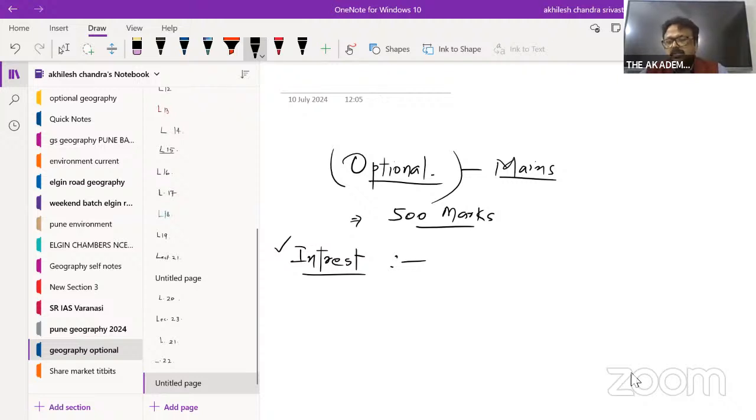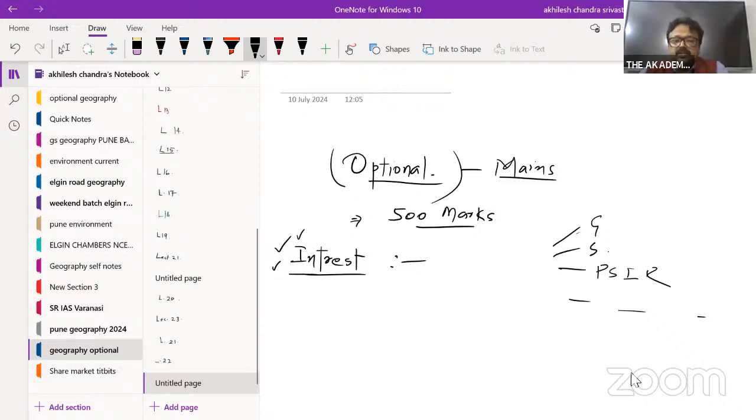There are many optionals like geography, sociology, PSIR, psychology, and many more. You should choose the optional in which you feel that yes, you can carry on at the level required for UPSC preparation, not only preparation, but to qualify this exam by securing good marks.